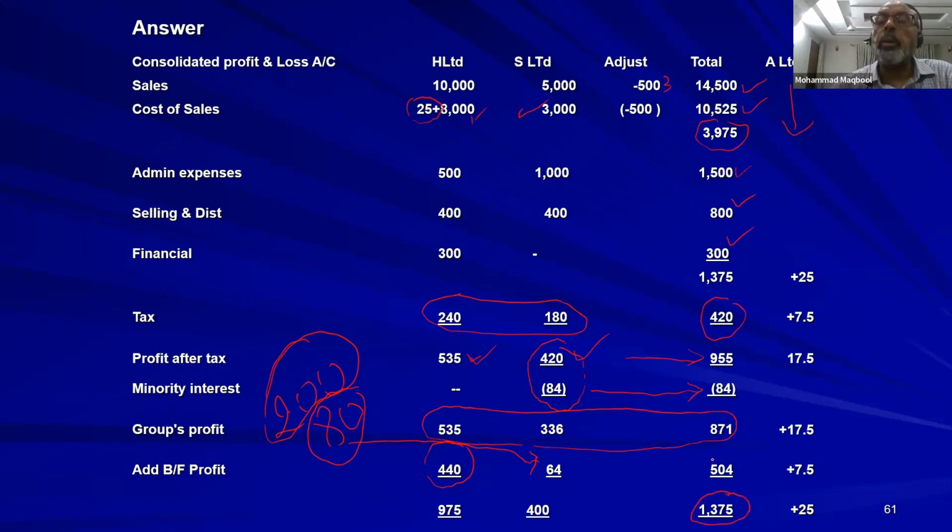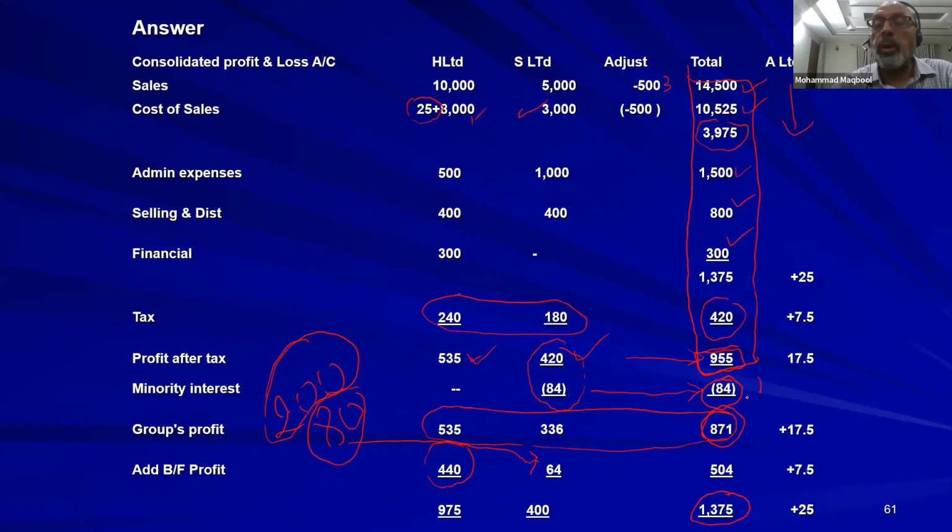I need to prepare the profit and loss account, so I will just pick up these figures up to this. This is the profit and loss. My analysis is that this much belongs to the minority and this much belongs to the group. I told you I have to bifurcate this figure, and it is being nicely bifurcated.